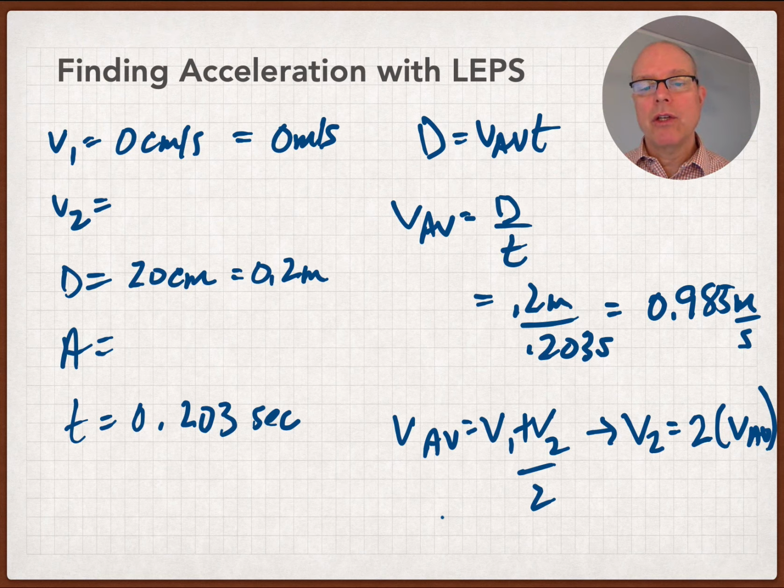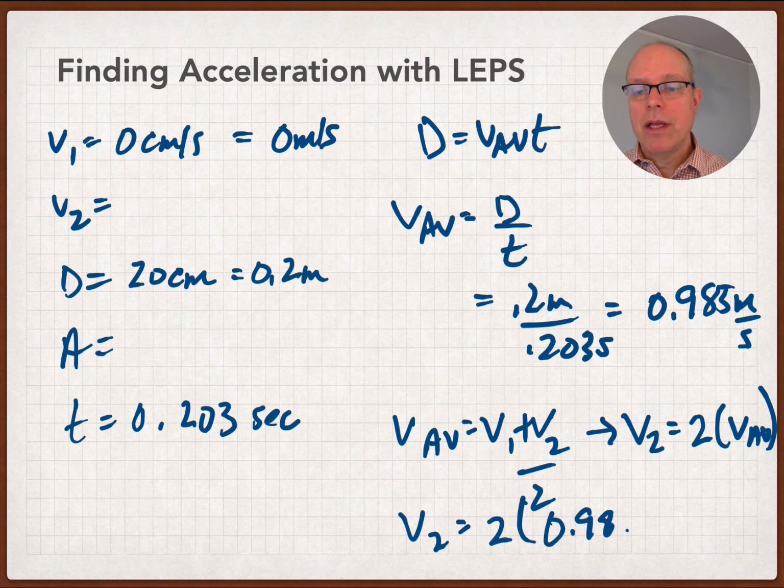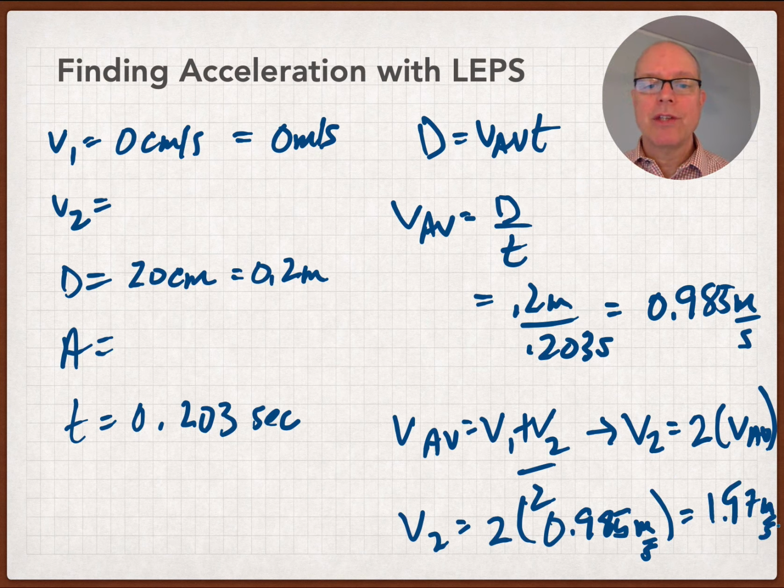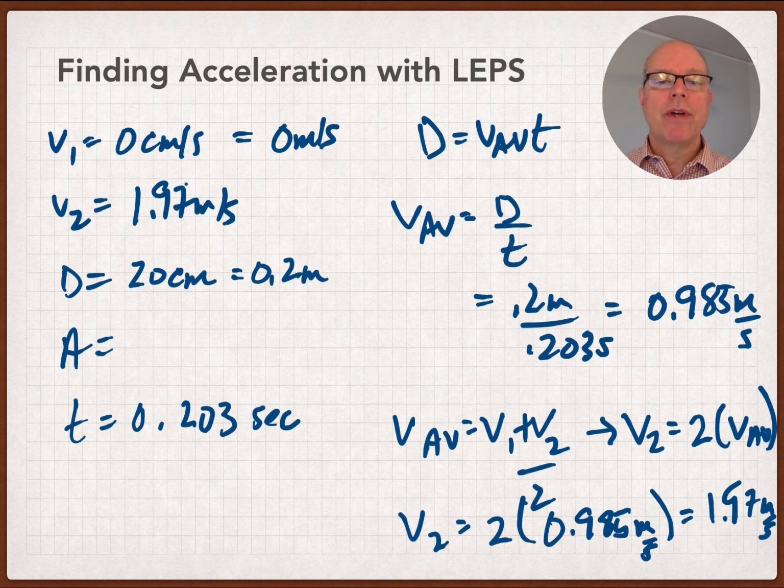V2 is going to be 2 times 0.985 meters per second, and that turns out to be 1.97 meters per second for our final velocity. That puts us in a really strong position because we've got V1 and V2. Now we can easily get the acceleration. We'll get that on the next slide.